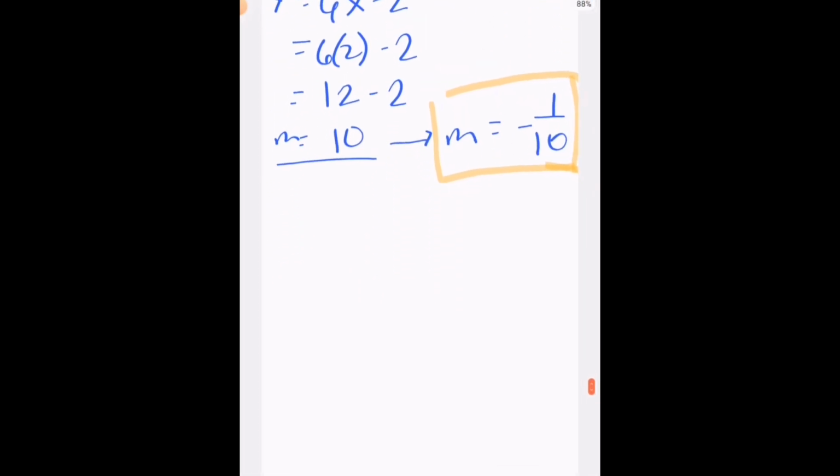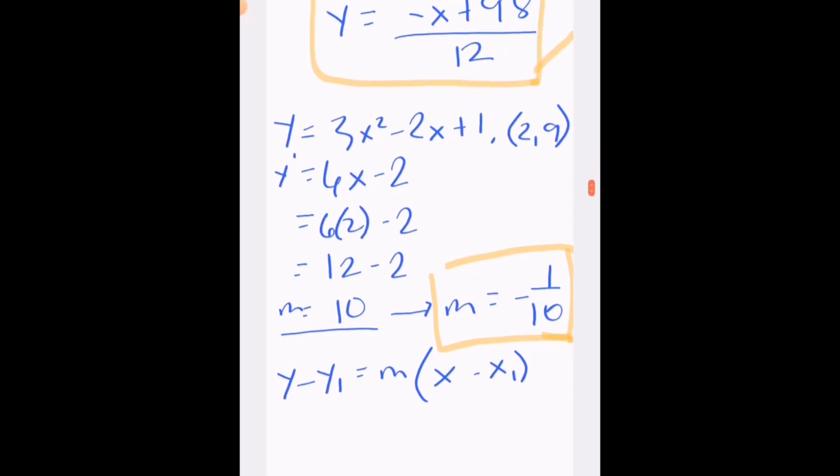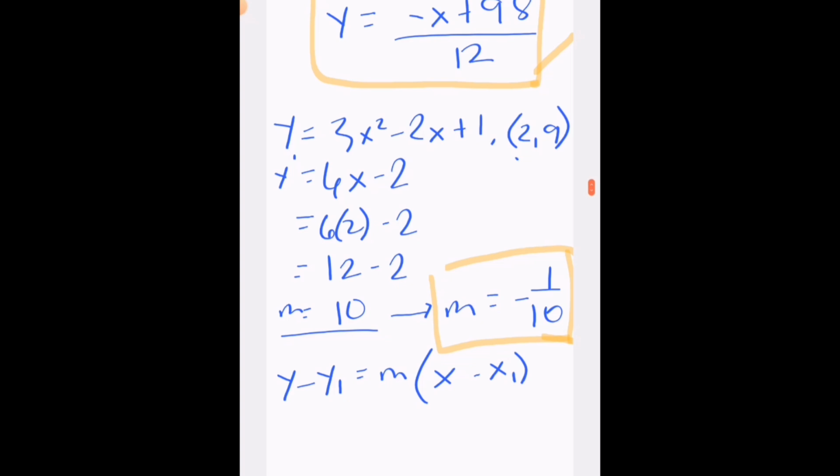Referring to the formula for finding the tangent line and the normal line, we will have y minus y sub 1 equals the slope multiplied by x minus x sub 1. Then substitute your values of x sub 1 and y sub 1, which are 2 and 9 respectively.